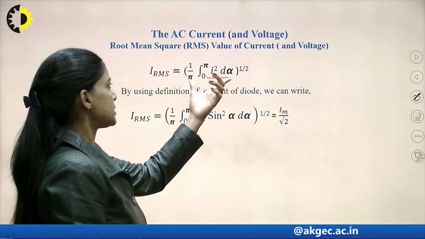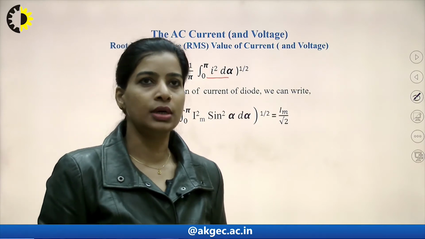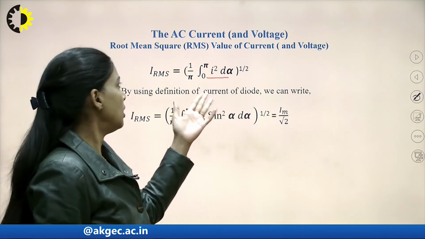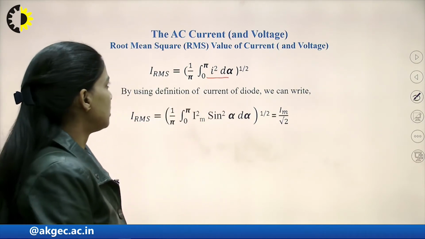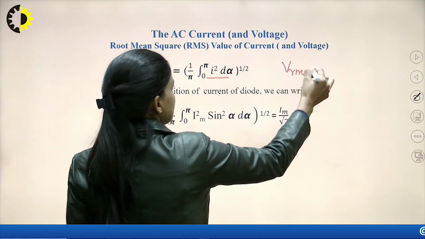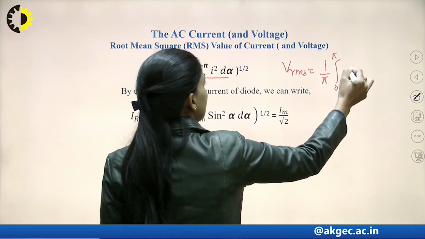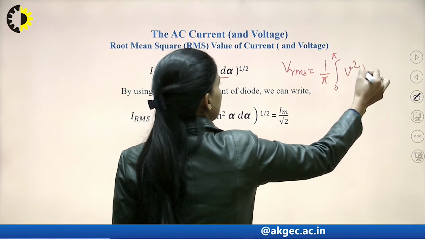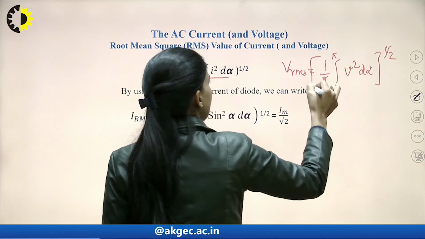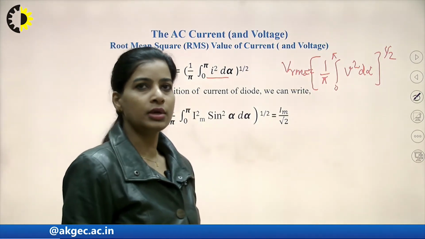So, this expression is giving the root mean square or the AC component of the current of the full wave rectifier. We can calculate in the similar way the root mean square voltage as 1 upon pi 0 to pi V square d alpha and whole raised to the power 1 by 2 will give the root mean square value of the voltage.